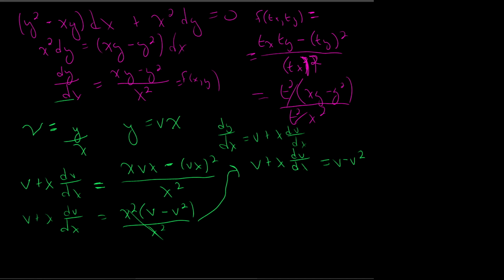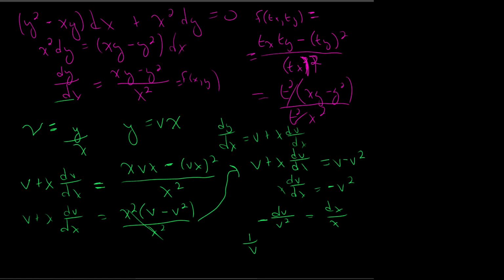Well, I'll subtract this v from both sides, and I'll get x dv/dx equals negative v squared. I get negative dv over v squared equals dx over x.